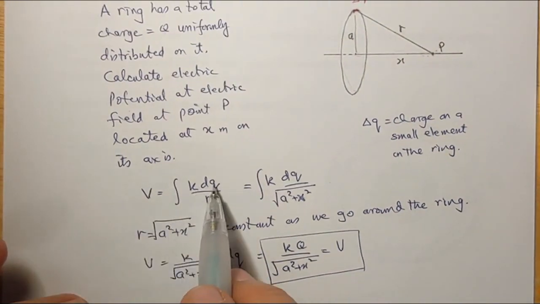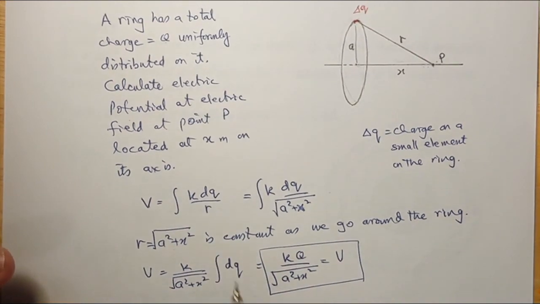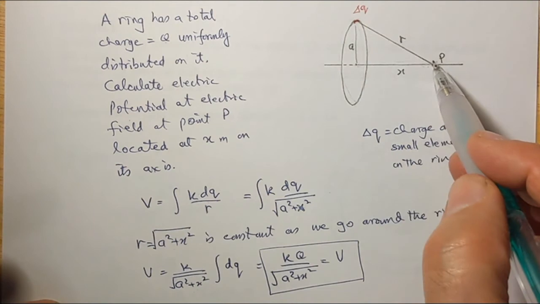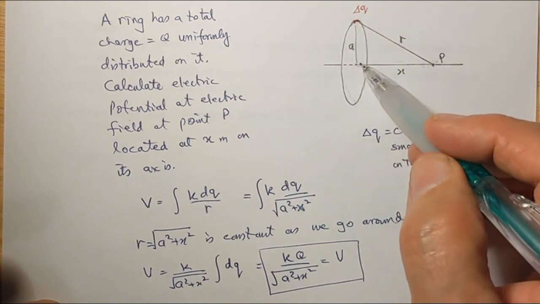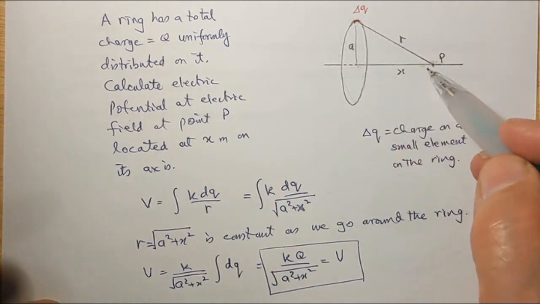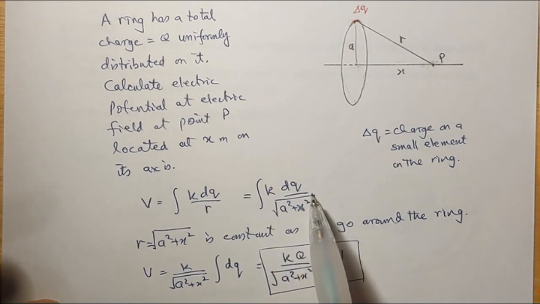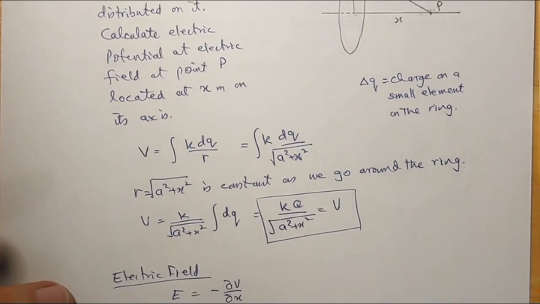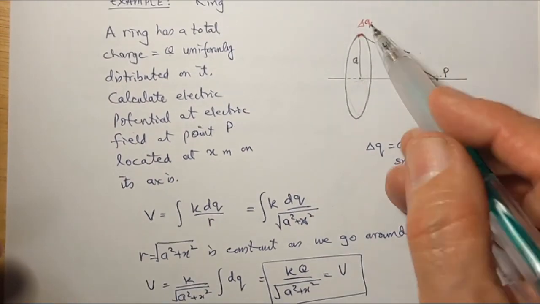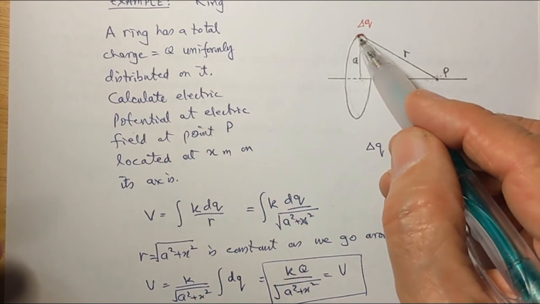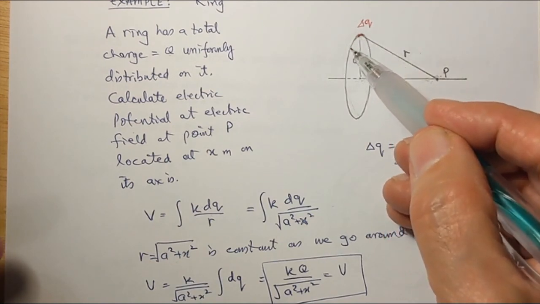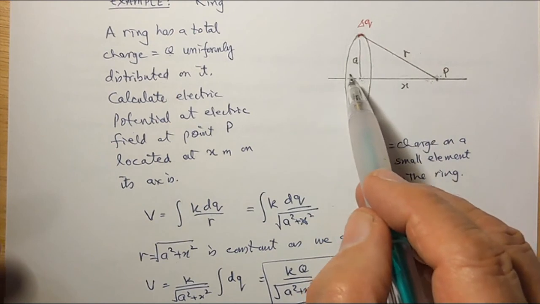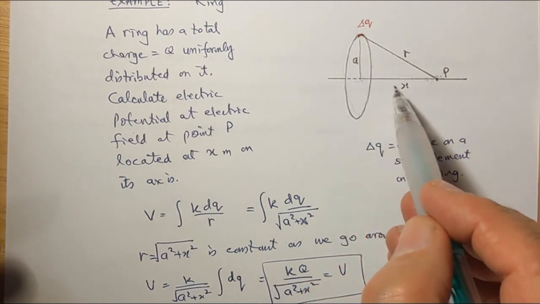So we take V equals kq over r, and k delta q over r, and r is again the square root of a squared plus x squared. Now as we integrate, we take this as a little element delta q. As we integrate here, the r at every point will be the same.